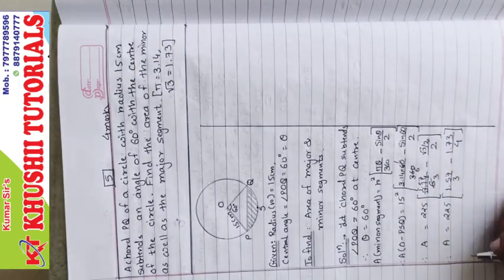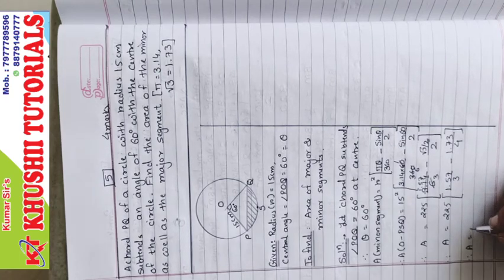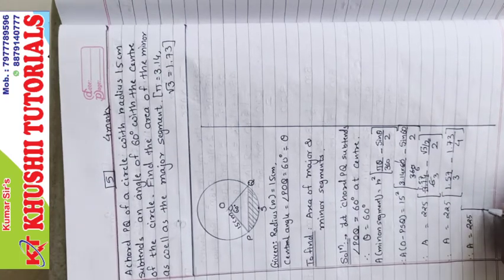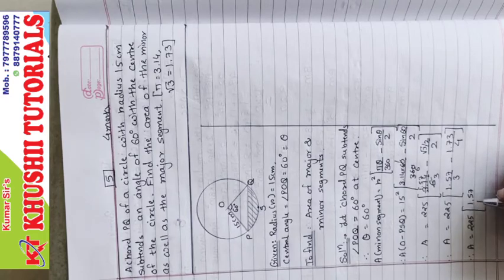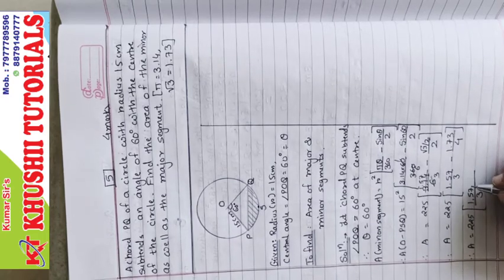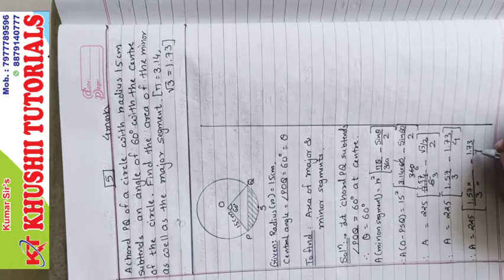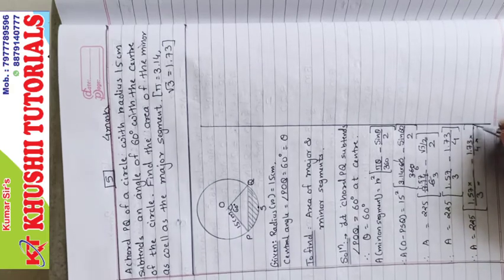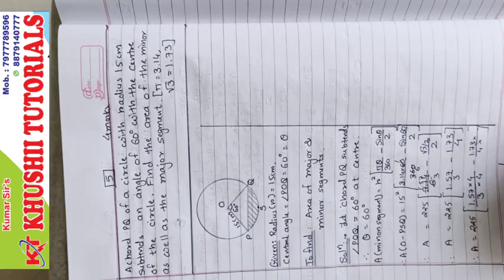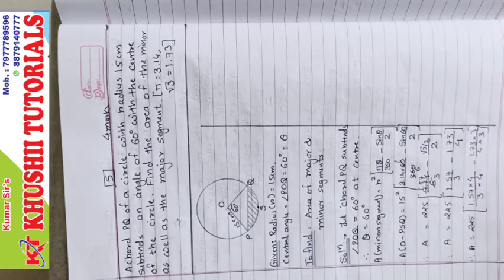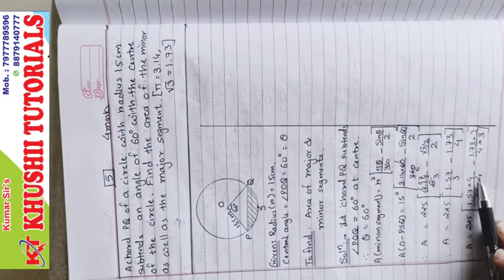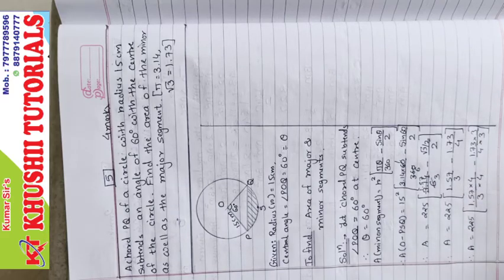Now LCM is 12. Therefore area 225 into 1.57 upon 3 minus 1.73 upon 4, 3 4s are 12, 4 3s are 12. So multiply numerator and denominator both with 4 and here both with 3.